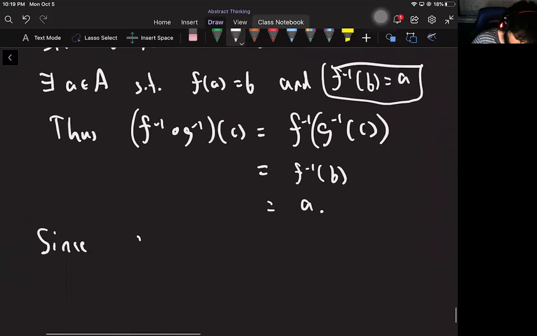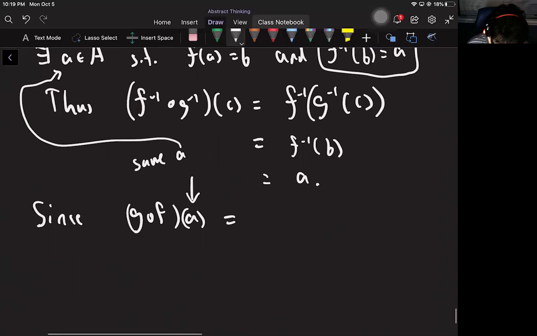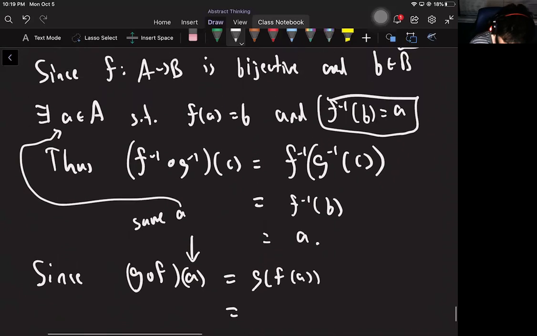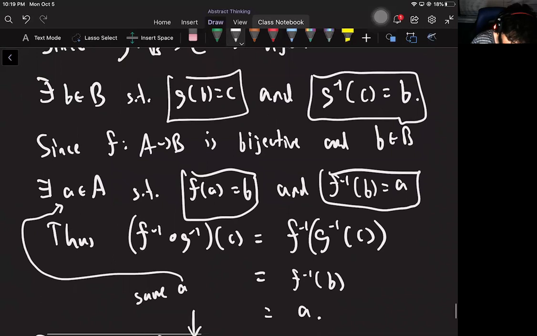So let's see what G compose F does to this same A, the same A as the one that exists because of all this other stuff. Well, by definition, that's just plugging it into F, then plugging it into G. Okay, but what is F of A? We already know what that is. It's B. And what's G of B? We already know. It's C.